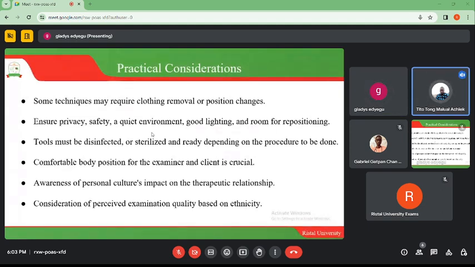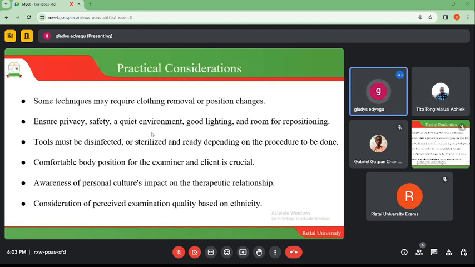We can also have the BP machine for measuring the blood pressure, and also for physical examination like the patella hammer, because you will conduct the physical examination. We also have even the otoscope, the one for examining the ear. And there are very many, depending on what you're going to assess from the patient.